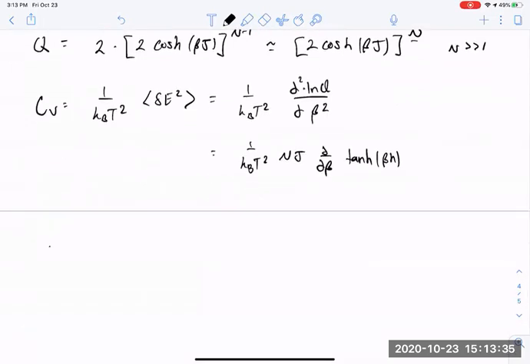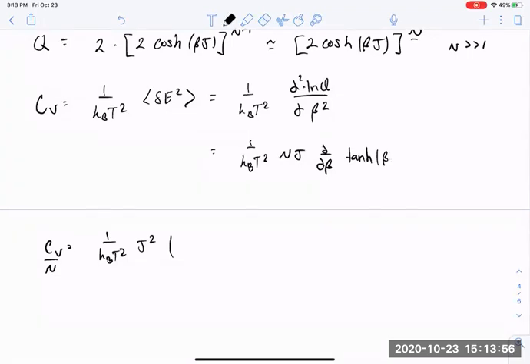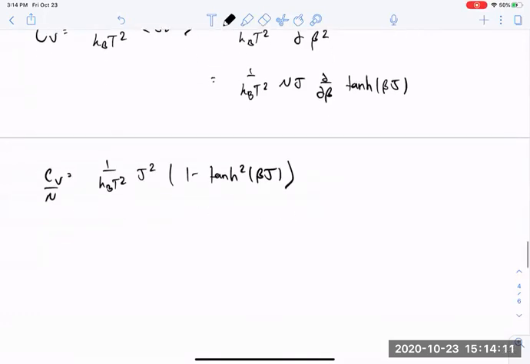The second derivative gives me another factor of J, so I have 1 over k_B T squared. If I divide through by n, J squared. The derivative of hyperbolic tangent with respect to a variable in its argument, I said beta h, I meant beta J, is 1 minus hyperbolic tangent squared. So we've computed the heat capacity.